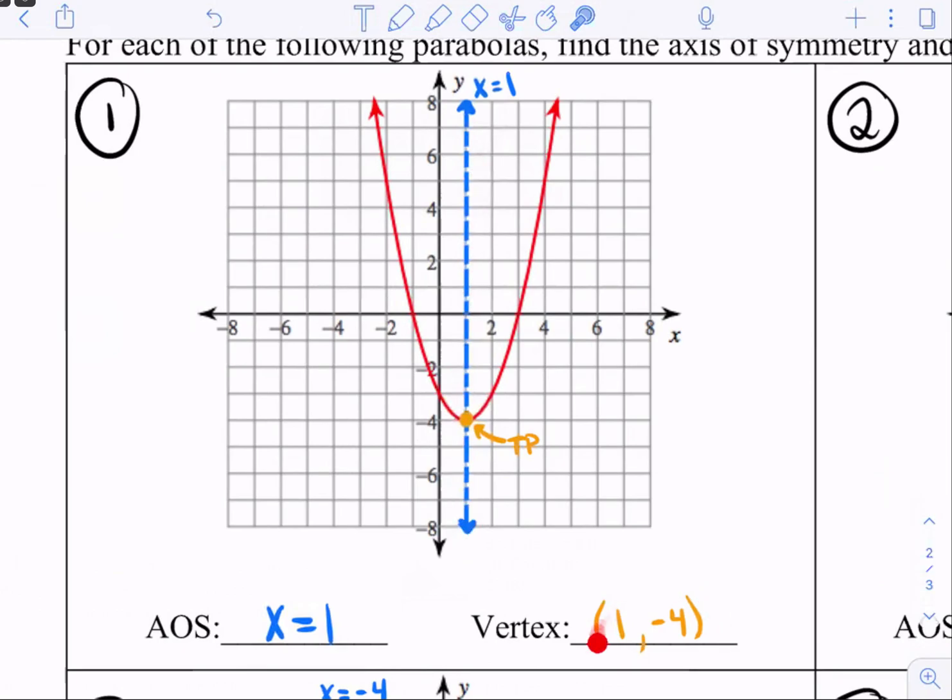And when I write the vertex or the turning point, I write it as a coordinate because it's a point. Also notice that the x value will always be the same for the axis of symmetry. You see how it's x equals 1? Since that's the middle and the turning point's in the middle, the x has to be 1. So that's for number 1.